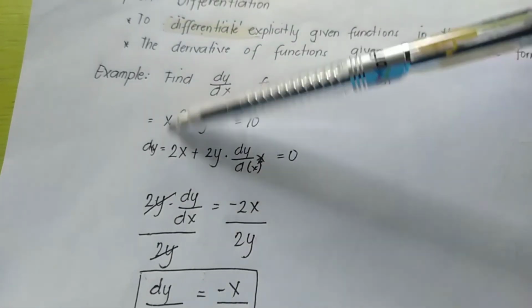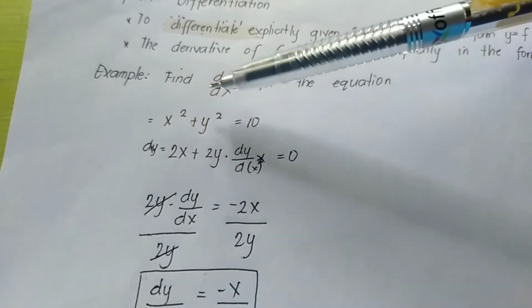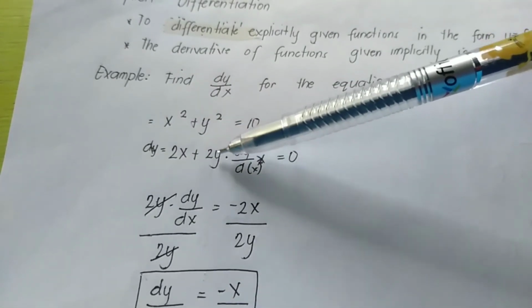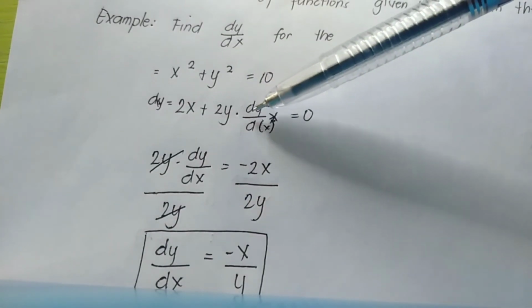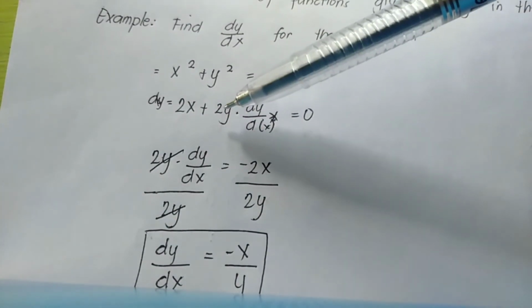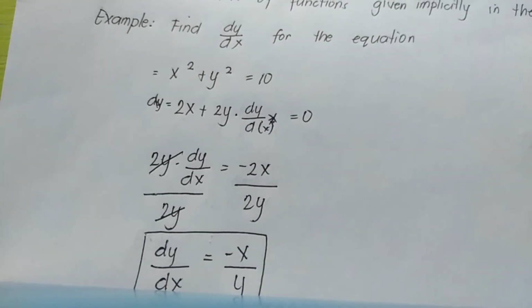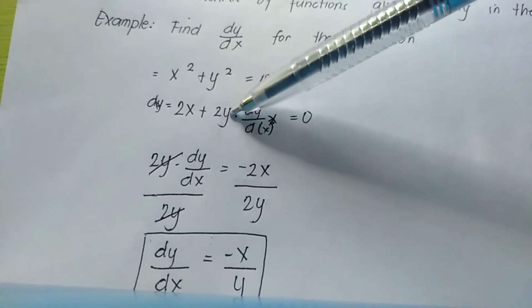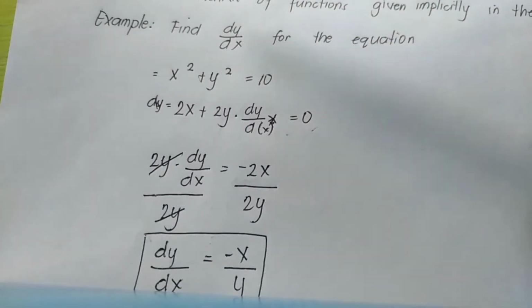First, get the derivative of x squared, which is 2x, plus the derivative of y squared, which is 2y, then times dy over dx. Always remember that every variable y we must multiply by dy over dx, and it is equal to 0.